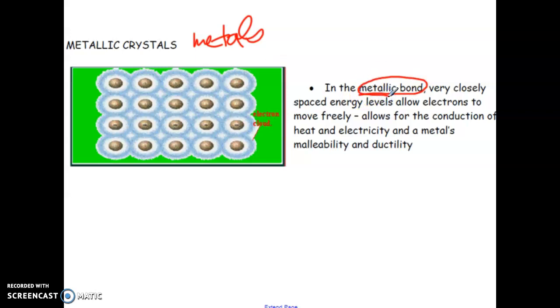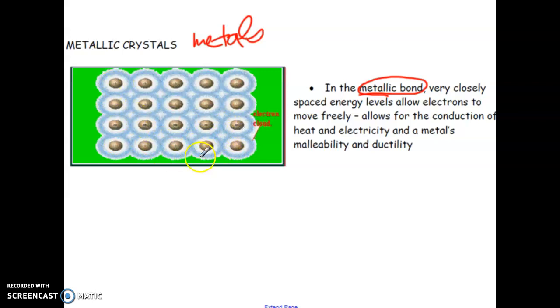Really what's happening is the metal atoms are not bonded together. But because they're so compact, the attraction between the atoms of a metal is so strong and they're so densely compact that the orbital spaces begin to overlap with each other.